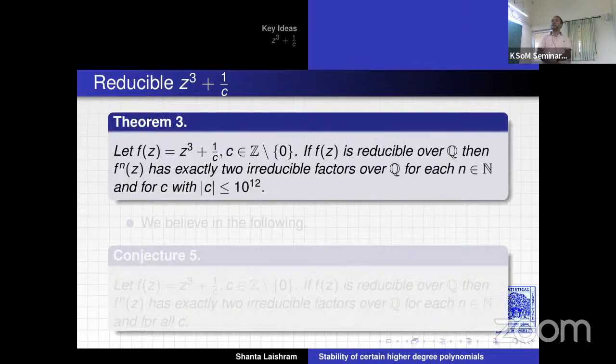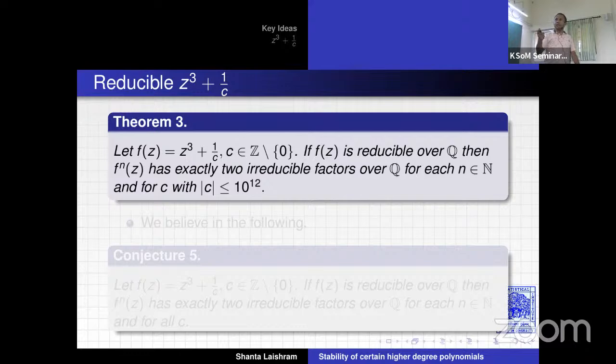In this regard, we prove the following theorem. Let F_c be x cubed plus 1 over c. If F_c is reducible over Q, then it has exactly 2 irreducible factors for every n, for c with absolute value of c less than 10^12. It requires a little bit of computation, so we could go further than 10^12, but we are able to prove that when c is up to 10^12, then it's eventually stable.